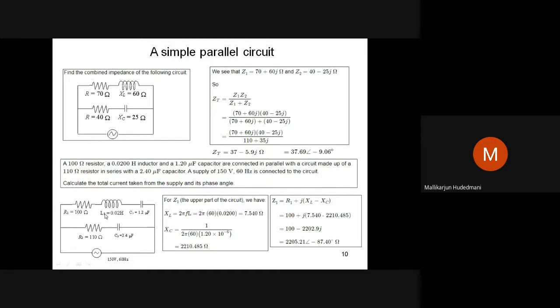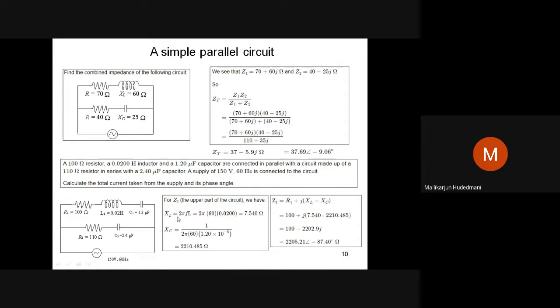Similarly, I have another problem for you. I have an RC branch, and I have an RLC branch here. No matter whether RLC is there, or only R, or only C, do not worry; think about what I should do. This is the impedance in the upper arm, and the impedance in the lower arm. Inductance is given, so I have to convert it to XL and XC.